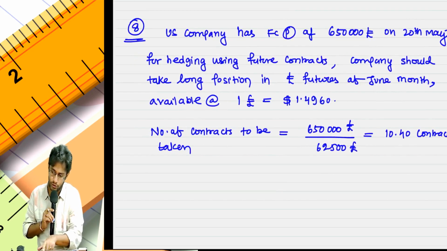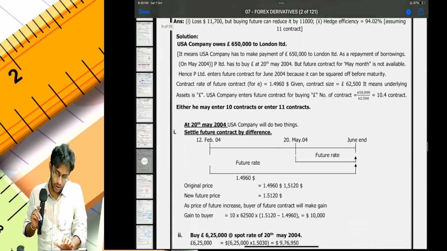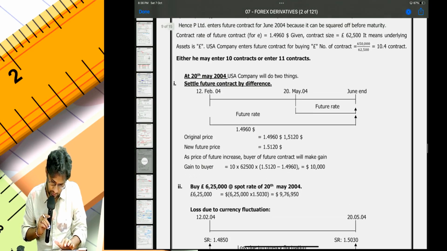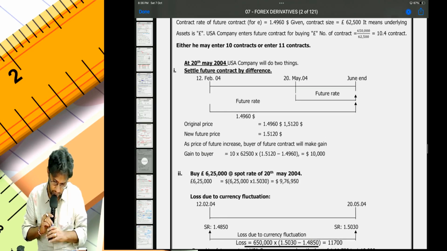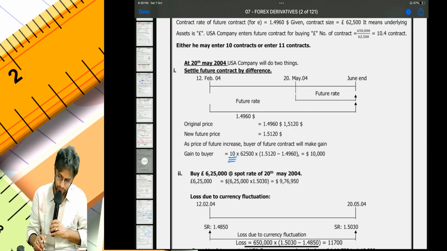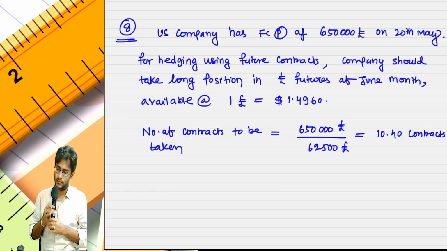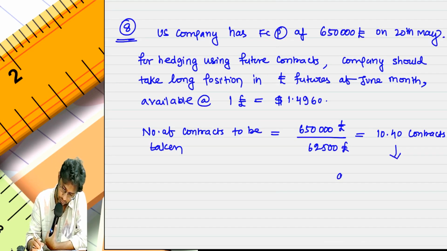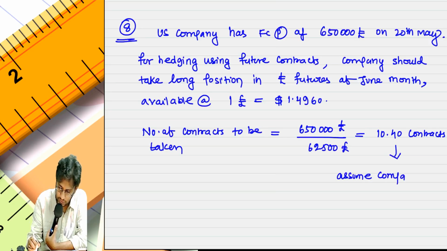I have printed one solution there where I'll see how many contracts I have taken. 10.4 was the question, sir. I took 10 contracts here. We'll do 11 contracts. Assume, sir, 10 also is okay.